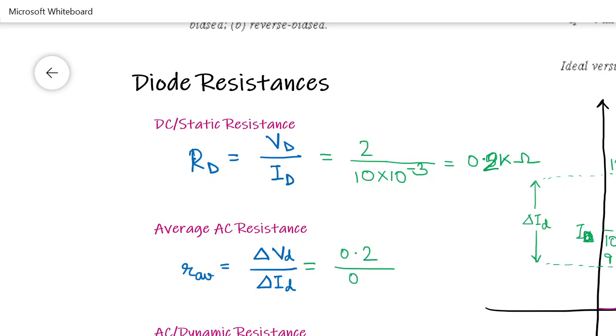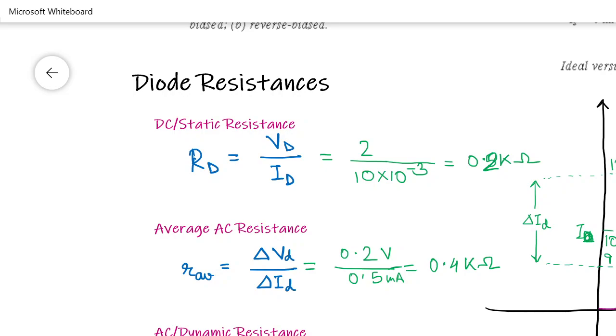Let us not complicate things so much, the range is about 0.5, milliamp of course, and this is volt. So what you are getting is 0.4 kilo ohm.